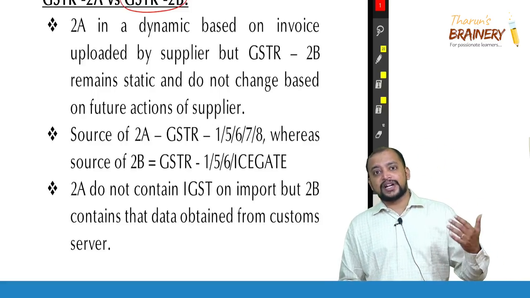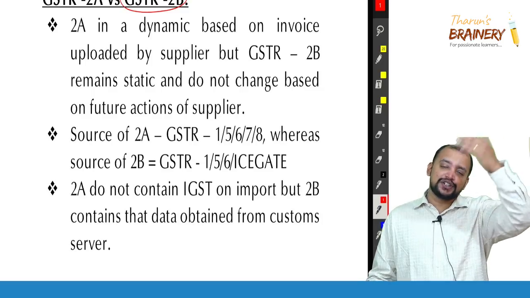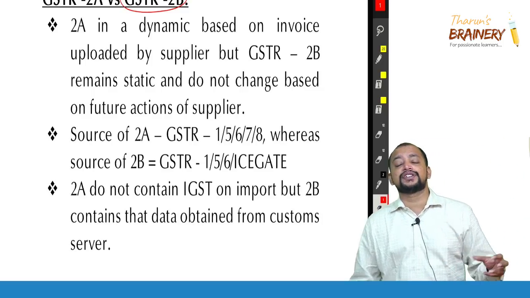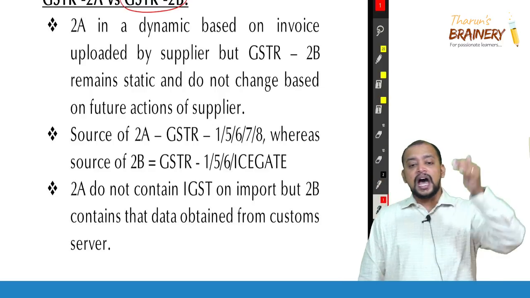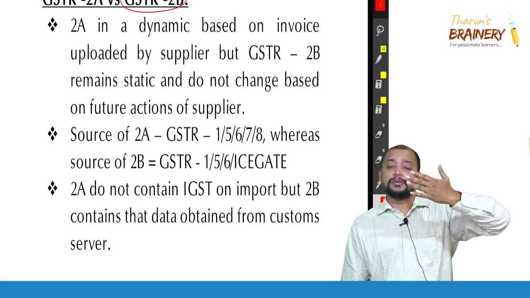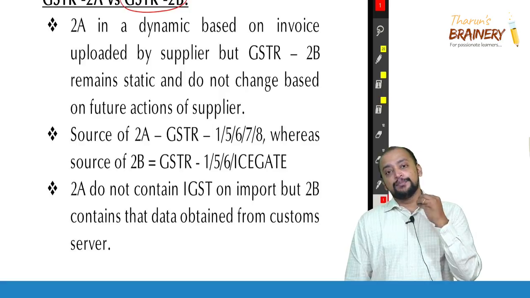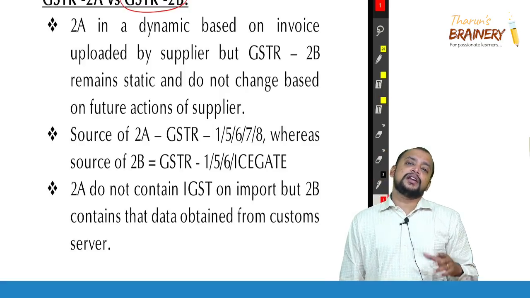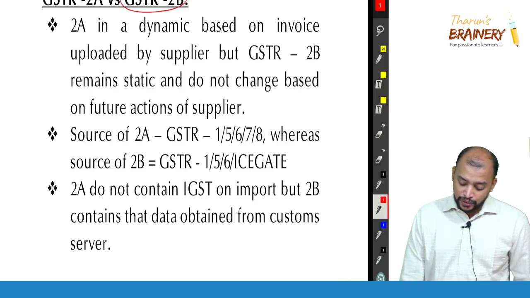The input service distributor will take the credit and distribute the credit. An input service distributor is typically a head office or corporate office which takes the credit and distributes it to their branches. So the branches can take the credit based on the invoices given by the input service distributor. That will also be reflected in GSTR 2A.